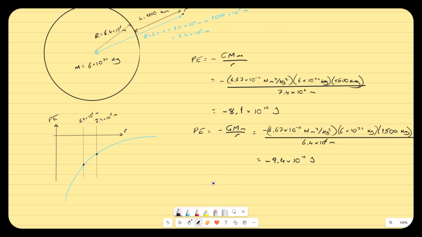So my change in potential energy, which is PE final minus PE initial, is going to be negative 1.3 times 10 to the 10th joules. It looks like my number is going up, but it's becoming more negative. I should be decreasing potential energy as I get closer to the surface. And I am.